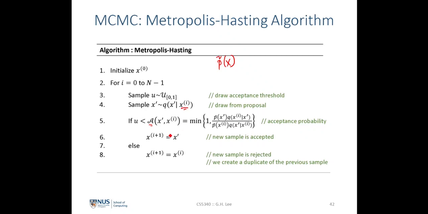We'll accept this new sample if u is less than the acceptance probability; otherwise we'll discard this new sample and simply replace it with a duplicate copy of the previous sample.